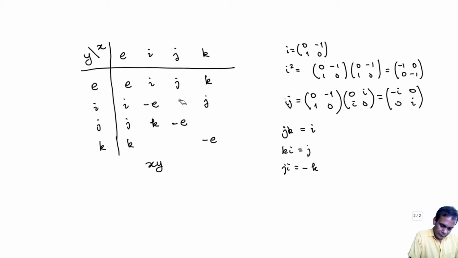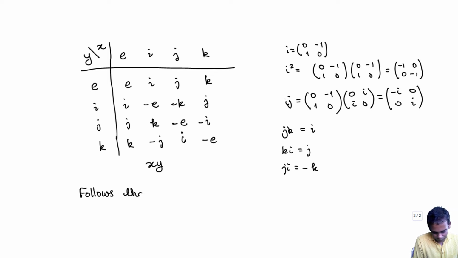J into I is minus K. J into K is I. And K into J is minus I. And I into K is minus J. So this is the multiplication table for the elements E, I, J and K. And from this, it follows that Q is closed under multiplication.